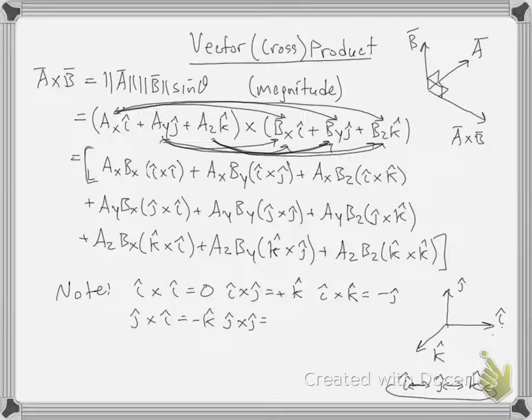Well, again here, the angle between parallel vectors is 0, so this term is 0. And then j cross k. Now we're going in correct alphabetical order. So the answer here, we have j, and then k, and now going around to plus i.